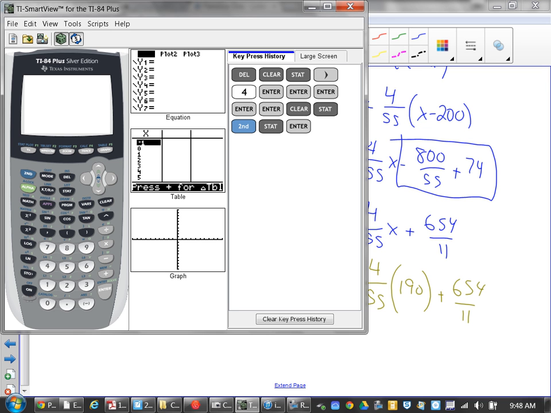And our L1 was our x values. If I want to edit my list, sorry. You do stat, edit. There it is. Thank you. Hit stat, edit, and go to L1. We're going to put in our list of weights.